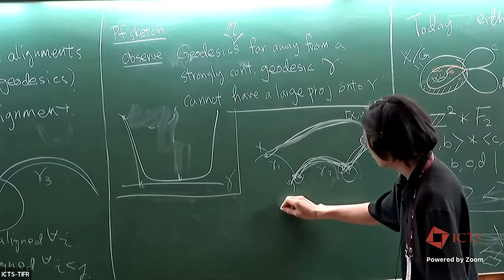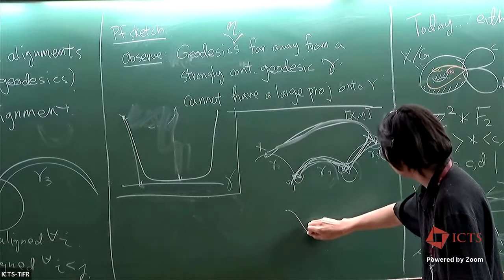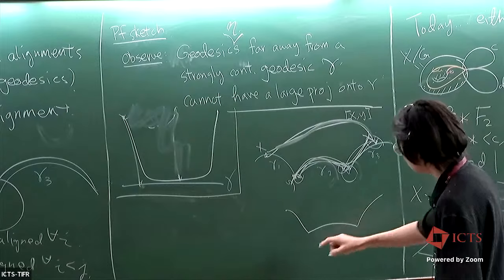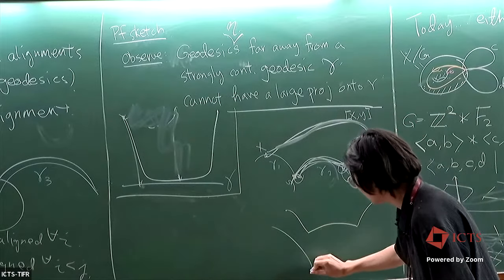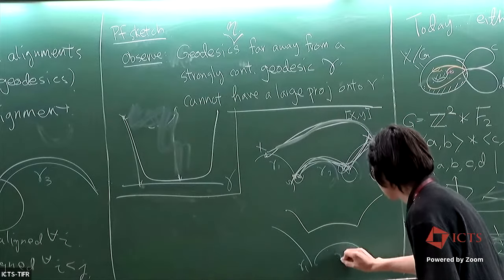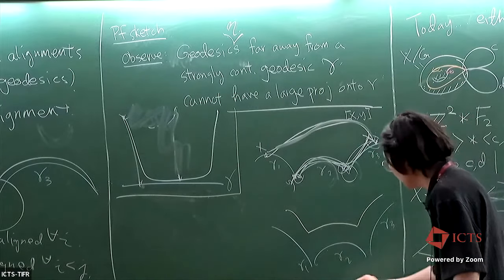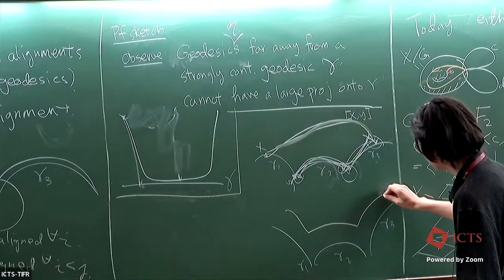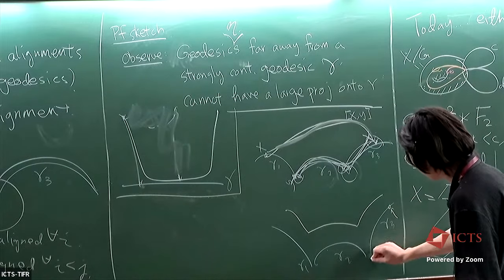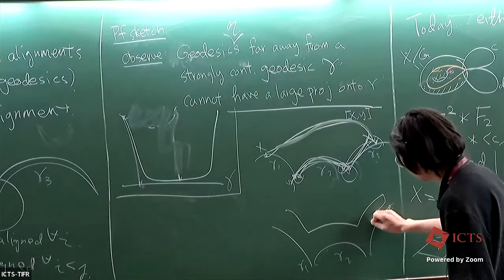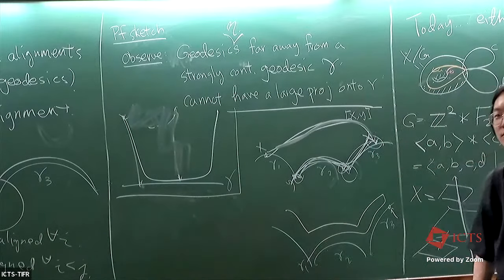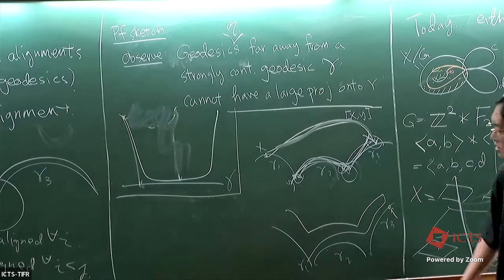So basically, here's gamma 1, and here's gamma 2, and here's gamma 3. You're allowing some bounded amount of error, but you're basically claiming that here is some point that's far away from the beginning point, and then you're claiming that this is the geodesic. What does it mean?